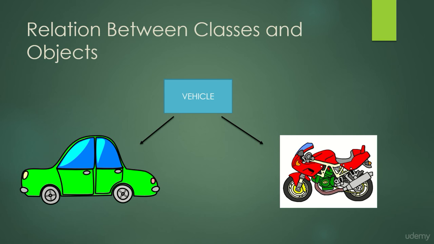Now this is how classes and objects work in Java. When you make a class, you get to add all the variables in that class and also functions in that class. So a class can not only have variables but also functions. And the best part about classes is that you can make an object of that class.